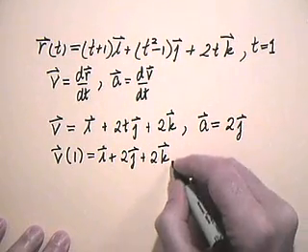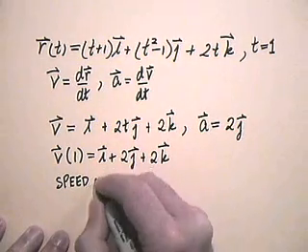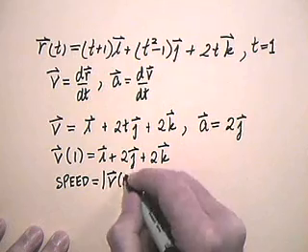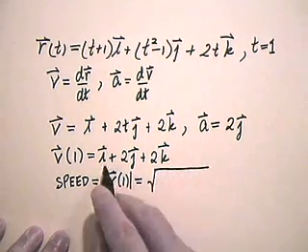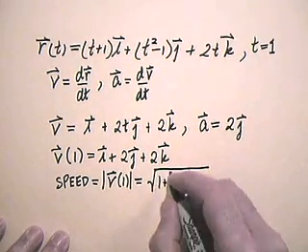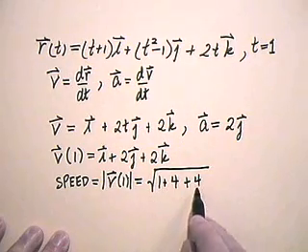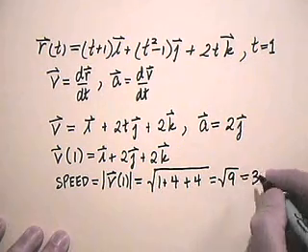Well, remember the speed, that is the length of the velocity. So that's the square root of the sum of the squares of components. 1 plus 2 squared is 4, plus another 2 squared is 4. 1 plus 4 plus 4, that's 9. We have the square root of 9 is 3.